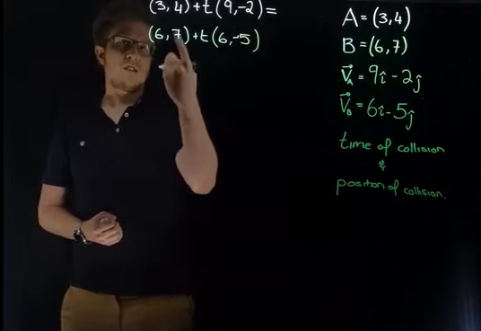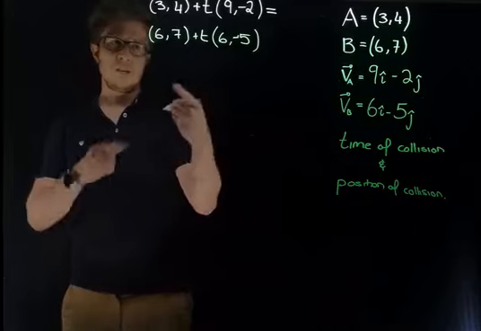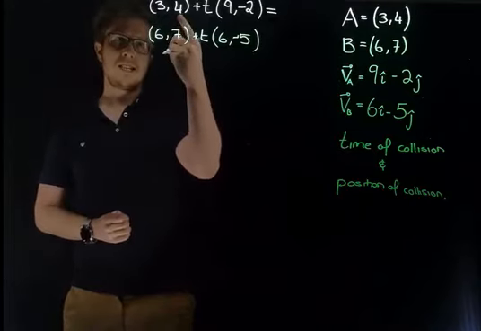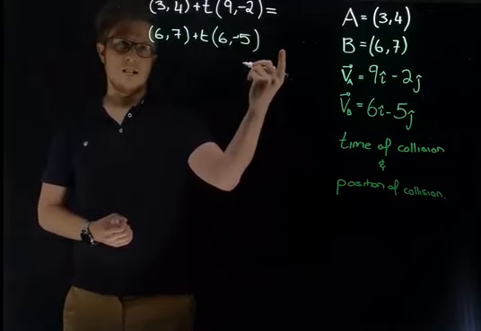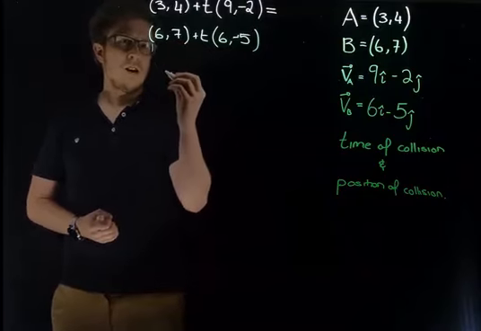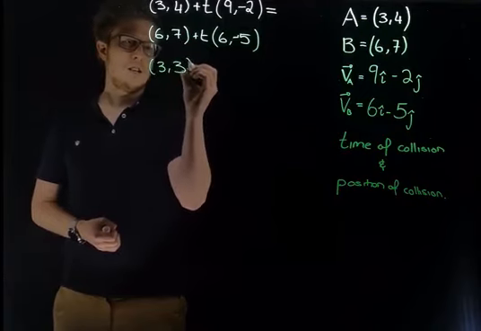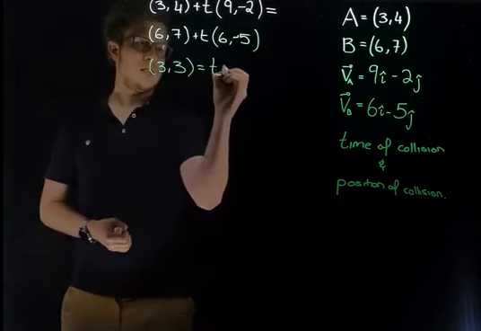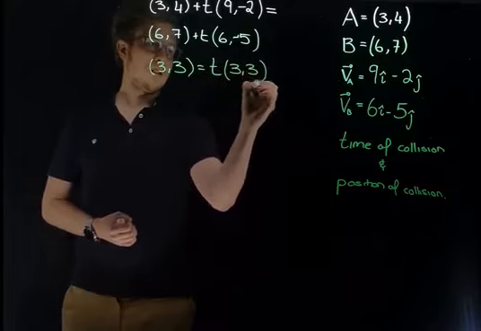So what I'm going to do is subtract these two from each other. In other words, I'm going to move everything that doesn't involve t to the left-hand side and everything that involves t to the right-hand side. So I'm going to subtract this from this. I'm going to get (3, 3) is equal to t(3, 3).